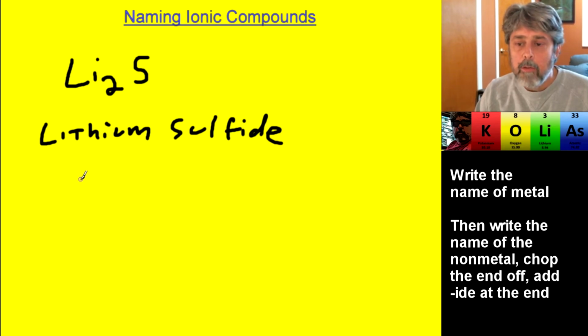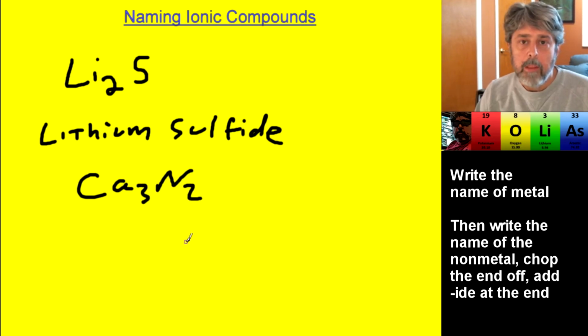How about calcium and nitrogen? That would be the formula unit for this. And I did this quickly because I did the crisscross trick in my head. Calciums are +2, cross over there. Nitrogens are -3, cross over there. It works with every single ionic compound, metals and nonmetals.